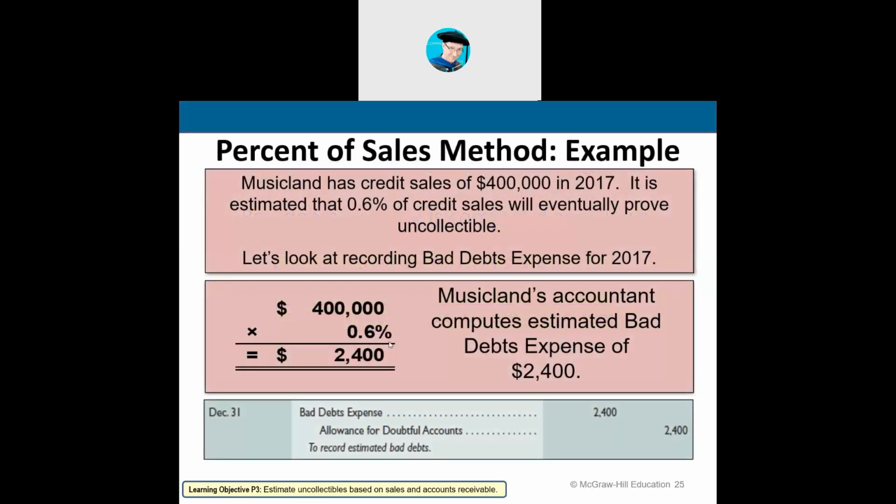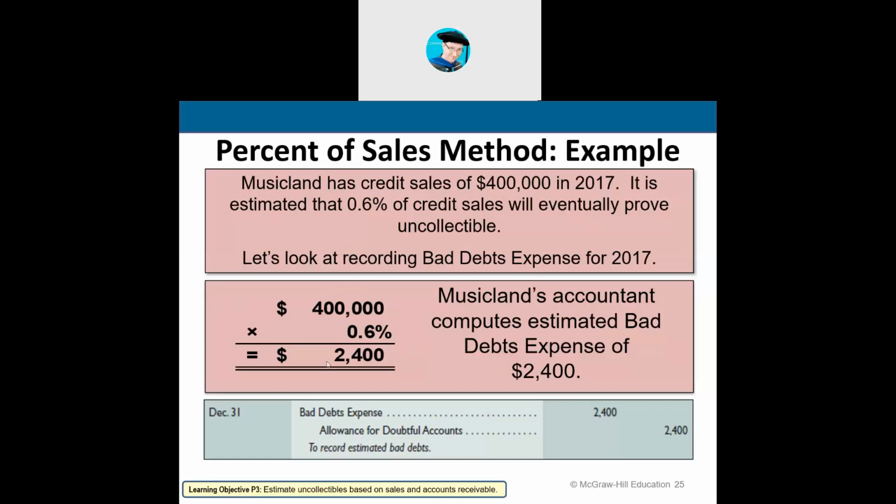So in our example, we're going to say we're estimating that we won't be able to collect 0.6% of all of our credit sales. We have a total of $400,000 in sales that we made on credit. So you take your total credit sales, multiply that by the percentage that you expect you won't be able to collect, 0.6%.